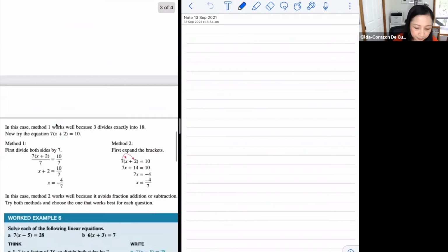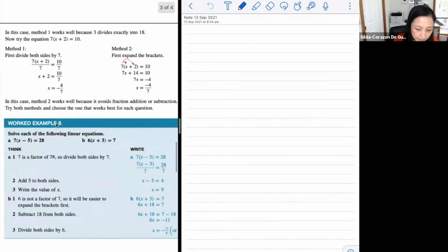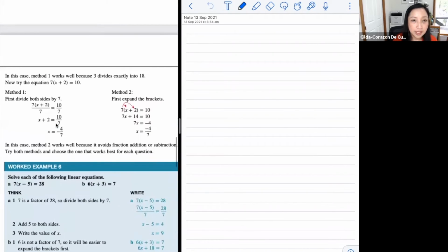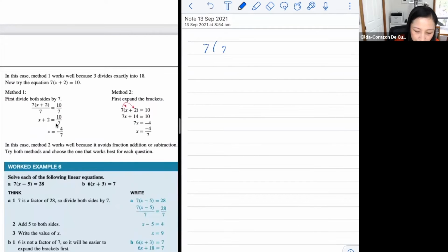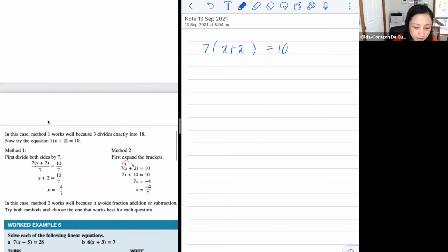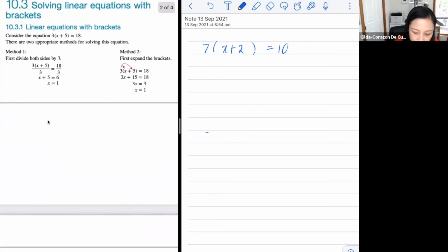What do I mean? Let's have a look at this example here, right? We've got 7 multiplied by x plus 2 equal to 10, right? Previously, what we had was 3 multiplied by x plus 5 equal to 18, yeah? We can divide 18 by 3, and it gives us an exact answer, which is 6, okay?